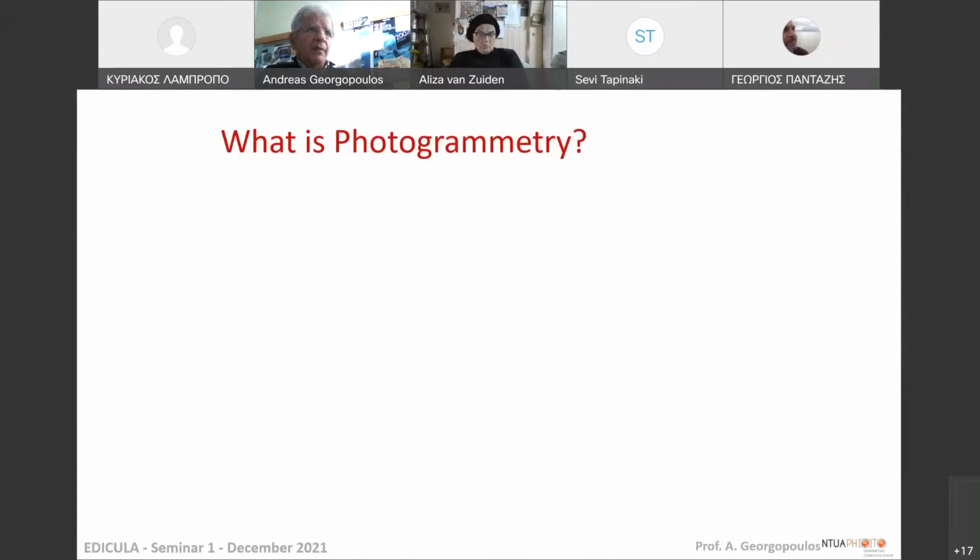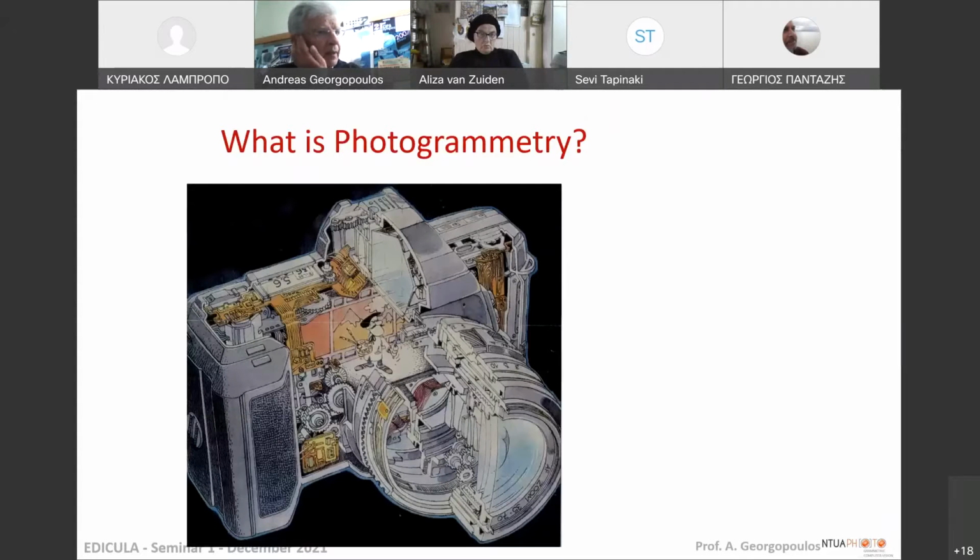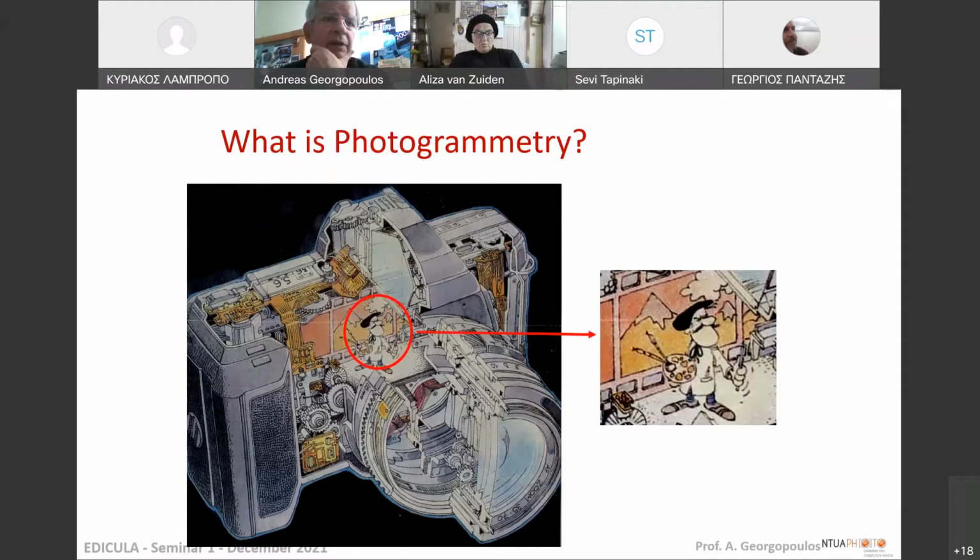Now, what is photogrammetry? I'm not going to present many words here. I will just show you a picture. You see, this is the sketch of a camera. And in the middle, at the focal plane, you see a guy who is an artist.